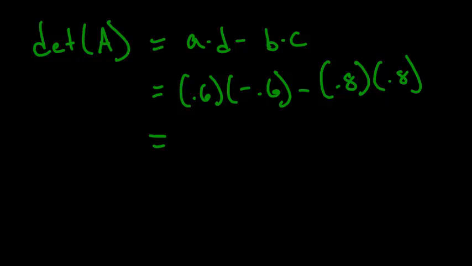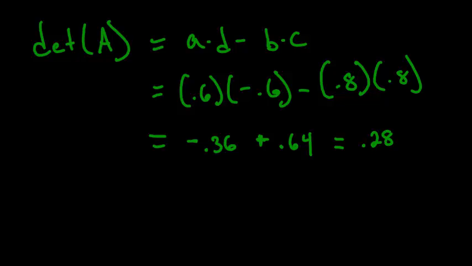This is equal to 0.6 times negative 0.6 is negative 0.36 minus 0.8 times 0.8 is equal to 0.64, but it's a negative, so it's plus 0.64. And then this is just equal to 0.64 minus 0.36, which is 0.28. And this is the determinant.